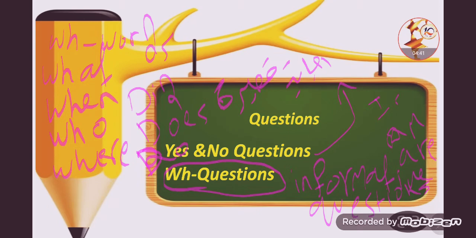Okay? So when we talk about a yes or no question, it requires a short answer, while a WH question requires a long answer. It has another name: we call it informative questions. So informative questions, WH questions, means questions which start with the WH words, and these kinds of questions require a long answer.